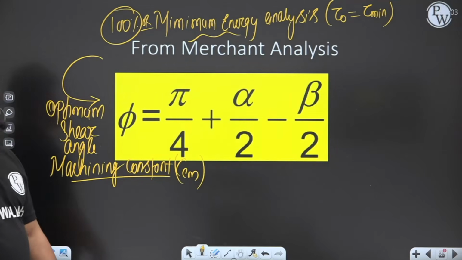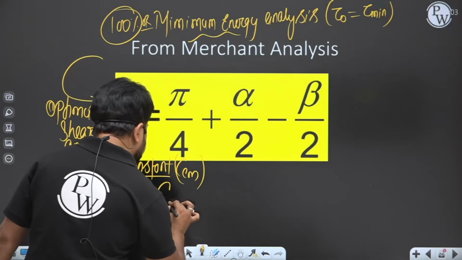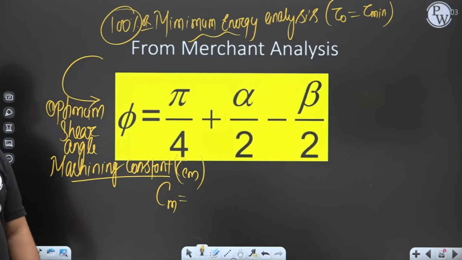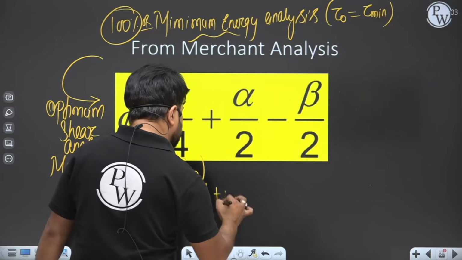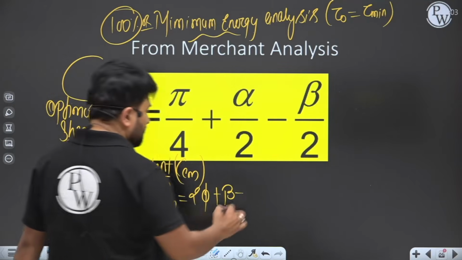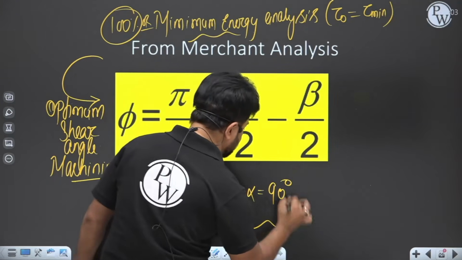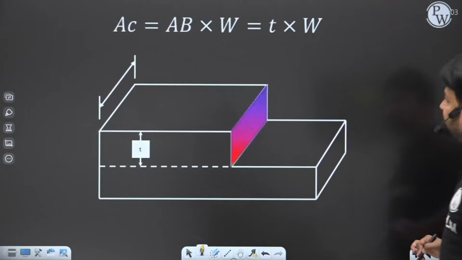That Cm, the machining constant, is 2 phi plus beta minus alpha, which equals 90 degrees. Please remember the machining constant for this analysis.